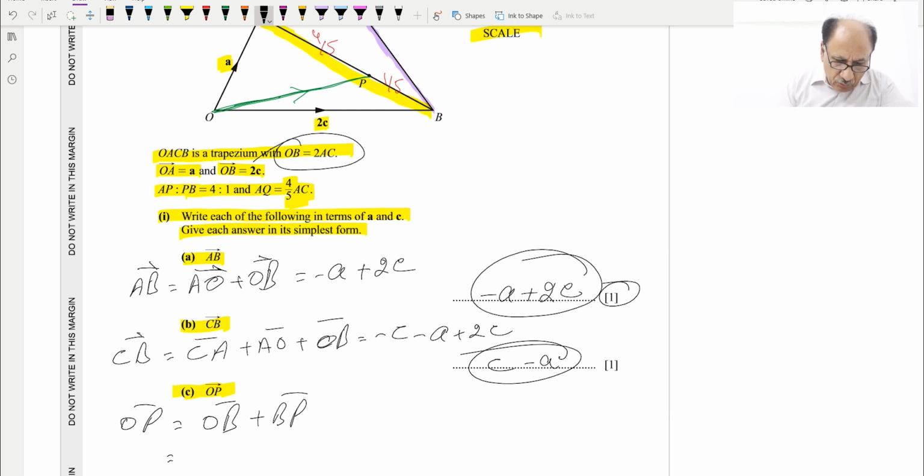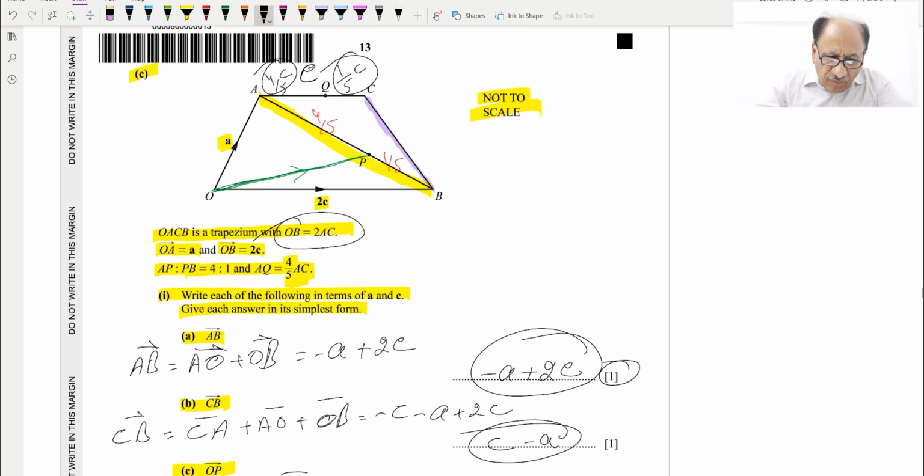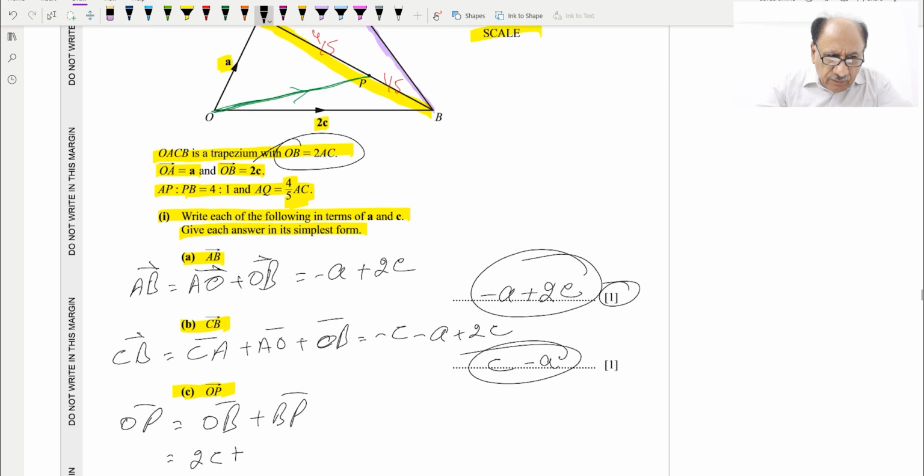OB is 2C, and this will be 1 by 5 of BA. So we change AB to BA and change the sign, A minus 2C will be BA.